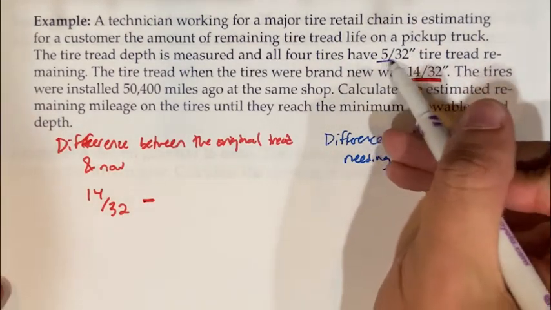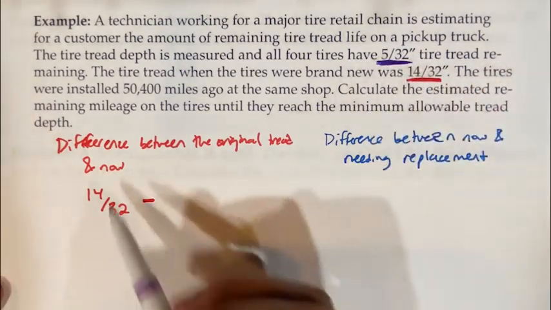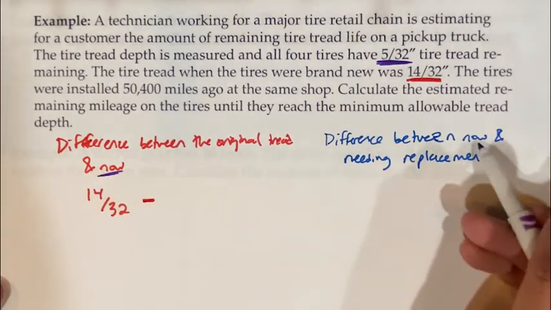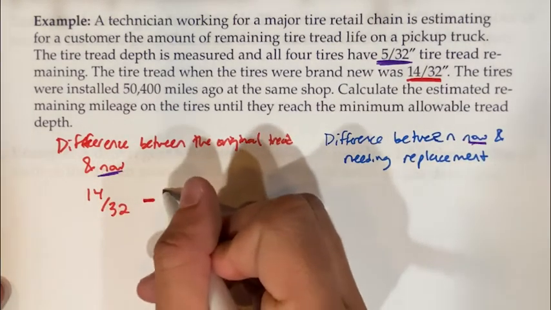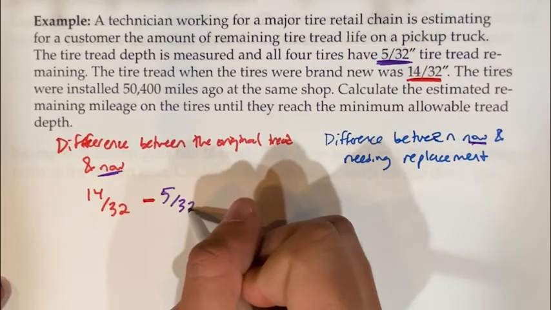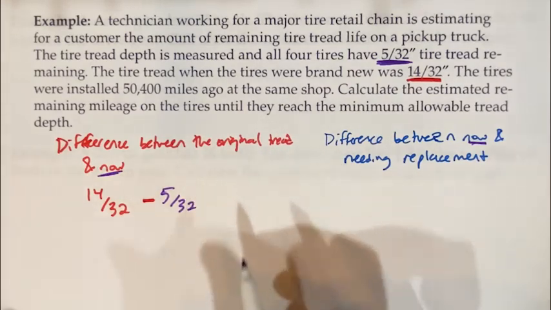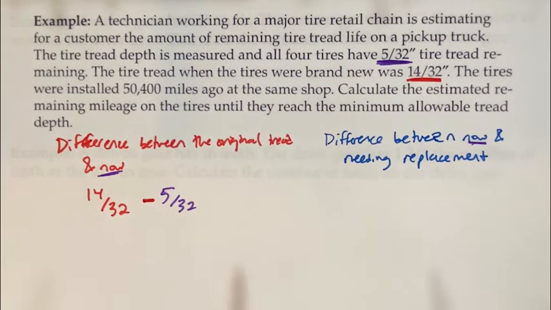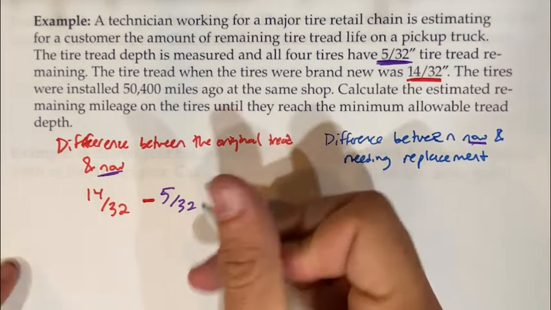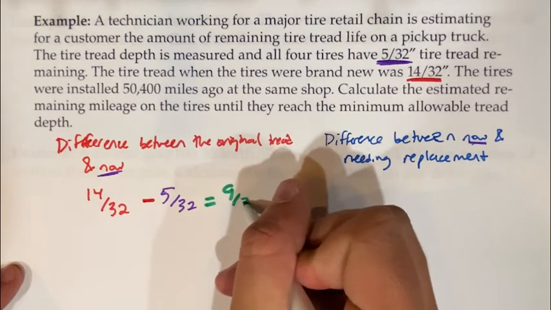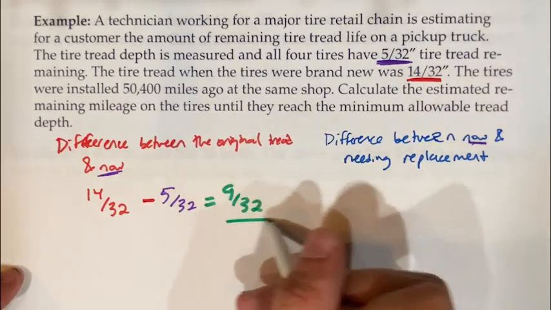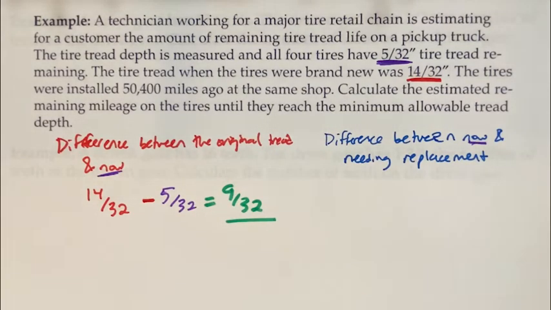So up here, now we have a value of 5/32. And the difference between the two of those is actually going to be 9/32. Okay, so there's our difference right there.